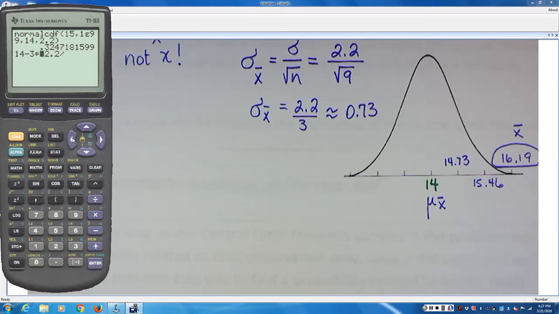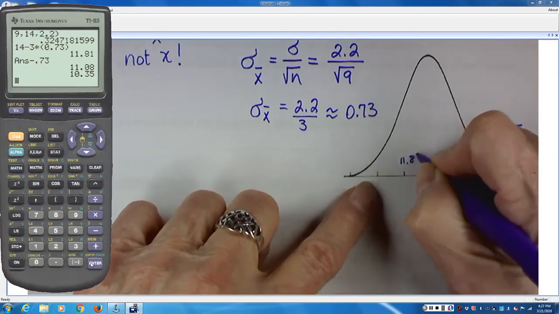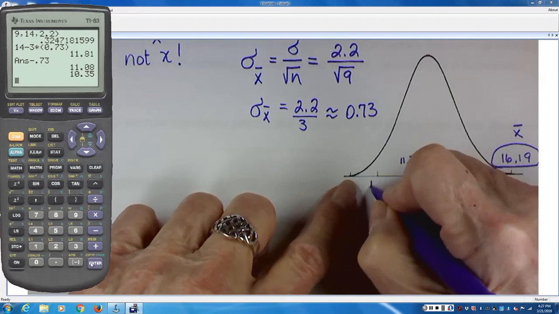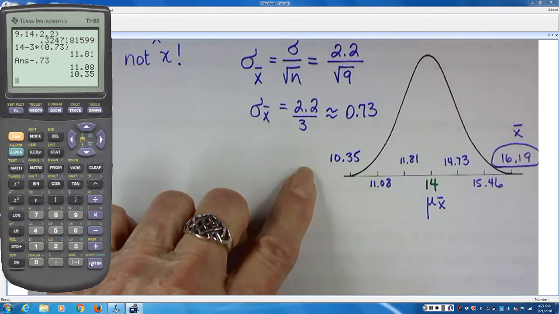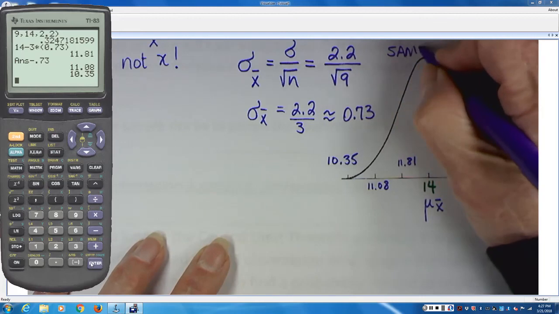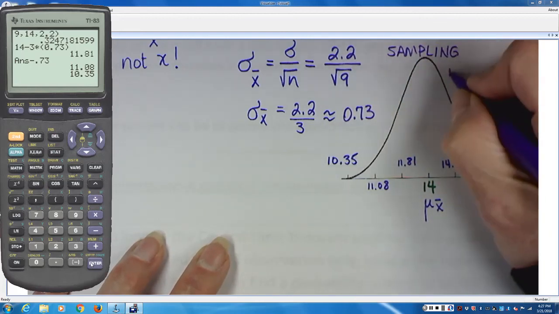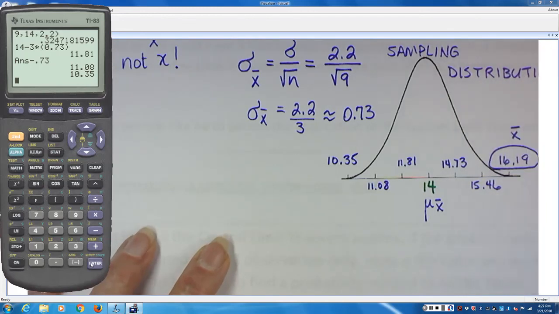Well, let's just call it 0.73. This is going to be 11.81 and 11.08, and the bottom value is going to be 10.35. So there's the sampling distribution.